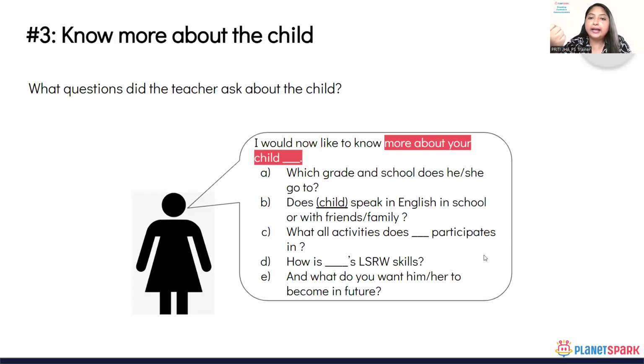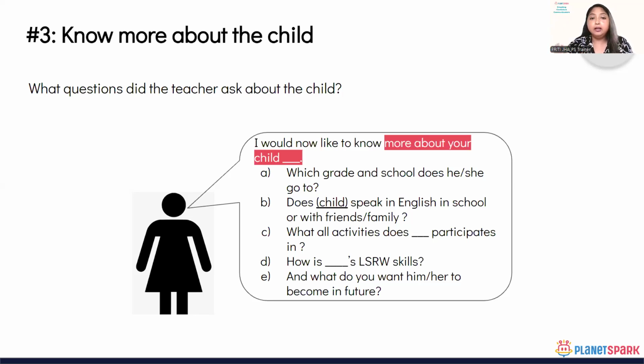First question is, which grade and school does he go to? You will come to know whether it is an English medium school or a CBSE, ICSE board, or what kind of board it is, and what grade the child belongs to. Like if the child is in class 4, then you know that okay, I can put him in the senior category or maybe the junior category.